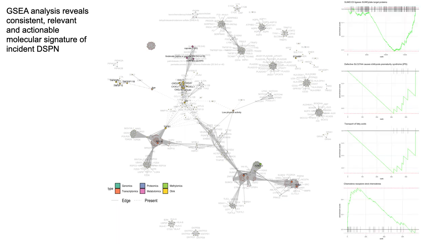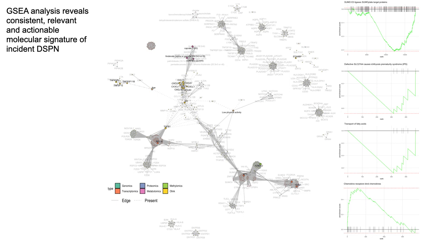These are a few examples of the consistent signaling pathways that are either upregulated or downregulated in both the feature selection set and the training set. For example, we have here the SUMO E3 ligase simulation target protein, which was downregulated as observed in the transcriptomics data.